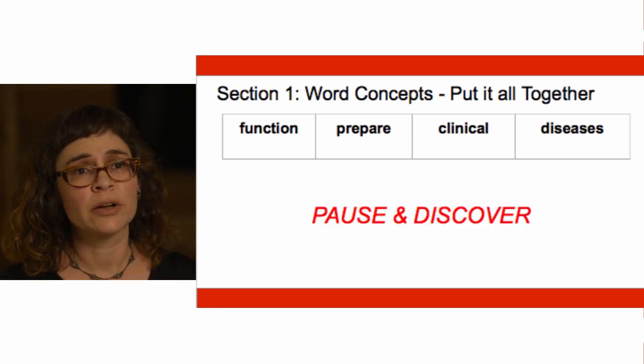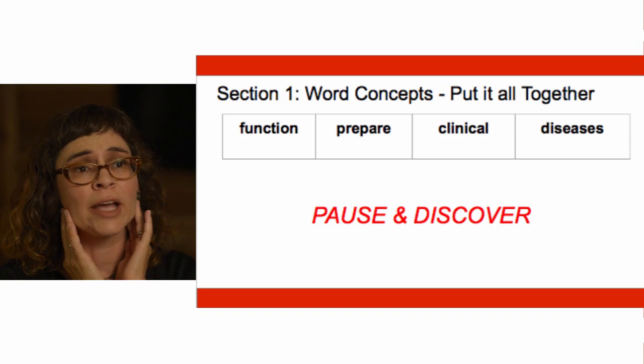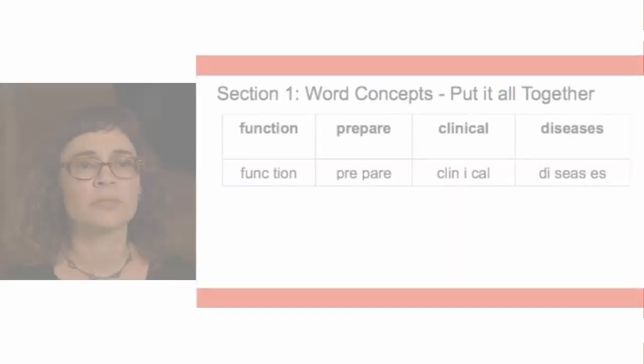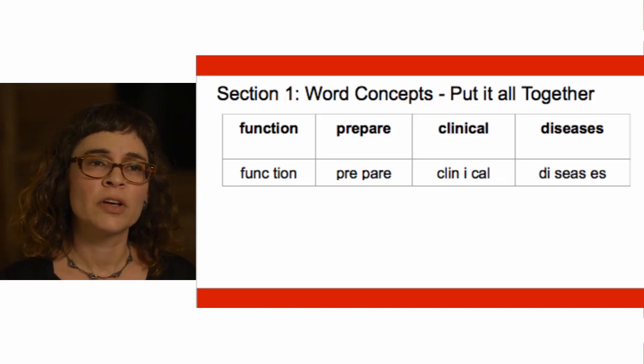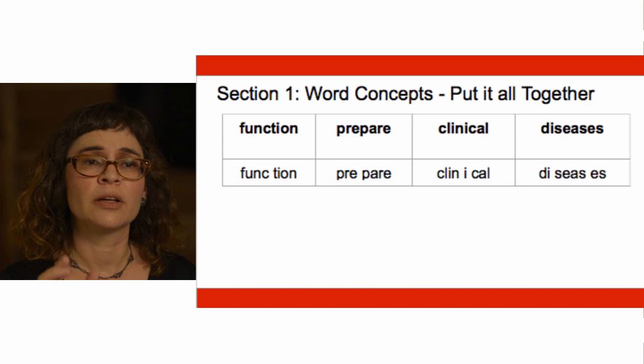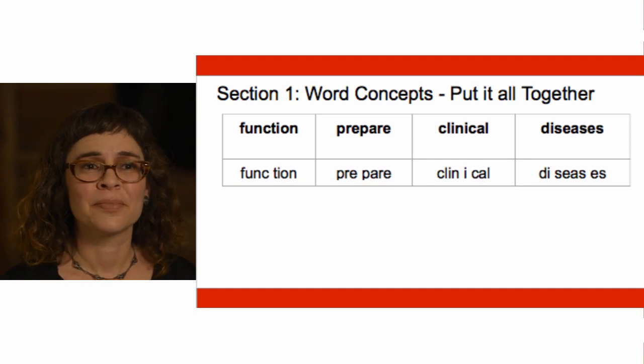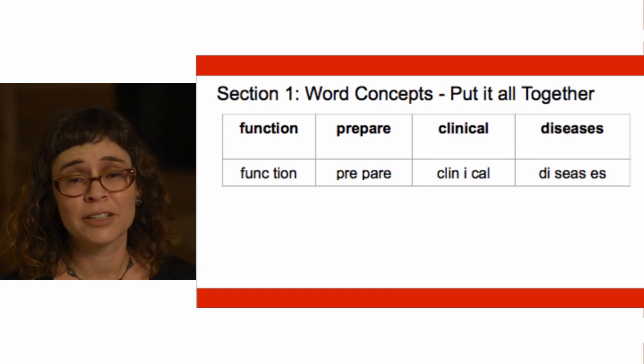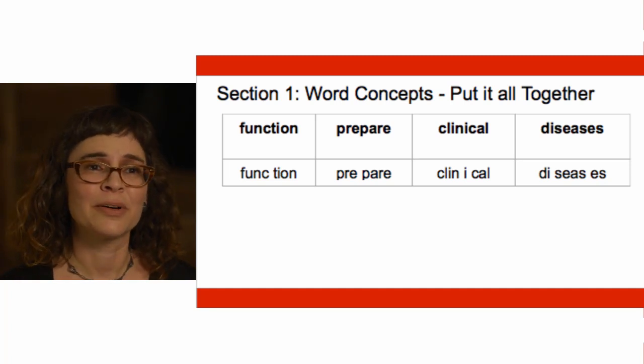Pause the video here, put your hands on your jaw, and identify the number of syllables. So we have function, prepare, clinical, diseases. I'm speaking like a computer, so I don't give away the stress pattern. That's what we're going to do now.